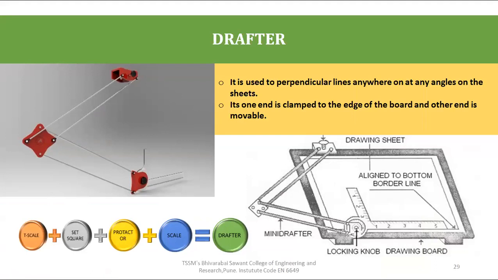One is a scale which is at 90 degree, you can see over here, and a protractor connected over here. This protractor can be turned to any angle so that this particular drafter can be moved anywhere on the sheet.